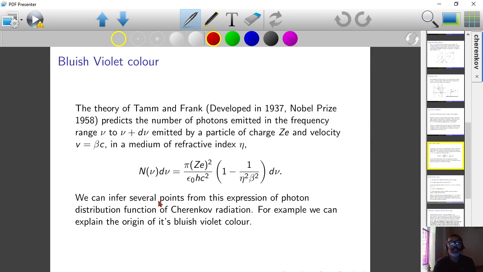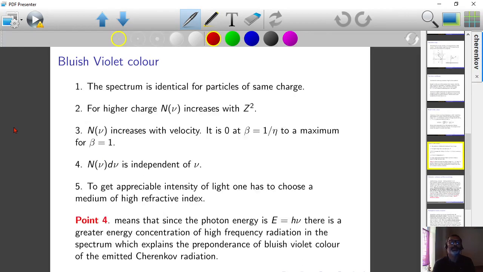We can infer several points from this expression of photon distribution function of Cherenkov radiation. For example, we can explain the origin of its bluish violet color. The spectrum is identical for particles of same charge. For higher charge, n nu increases as z square.